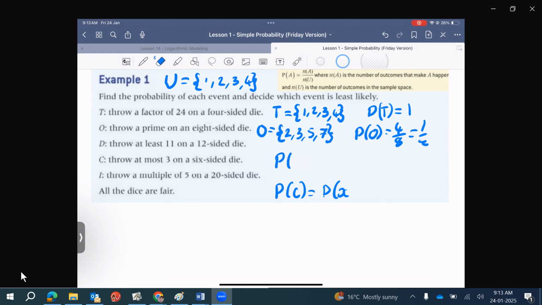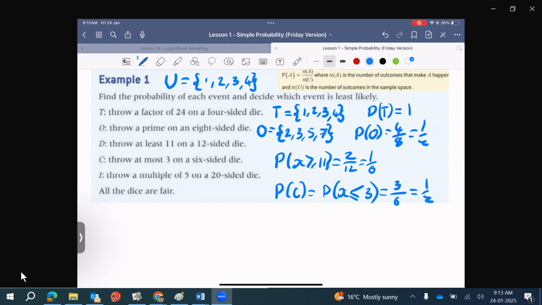At least 11 means it has to be 11 or 12. So this is going to be 2 over 12, 1 over 6. And here we want at most 3, so 3 can be included. That means we've got 1, 2, 3 out of a total of 6. So this one is a half.